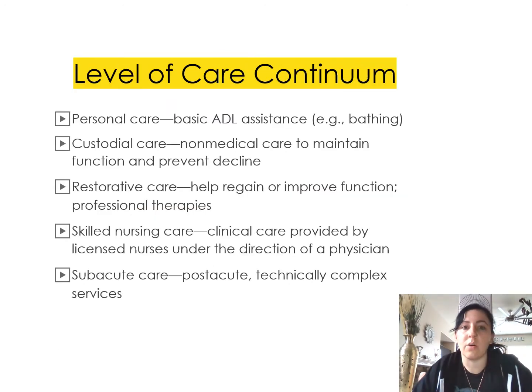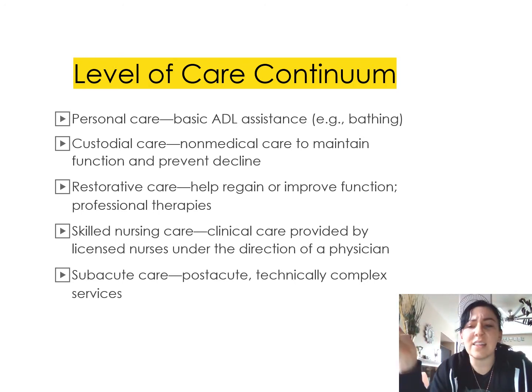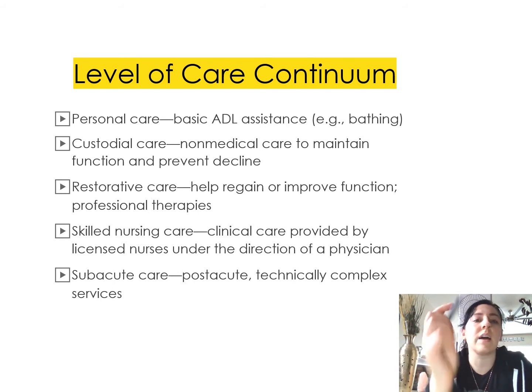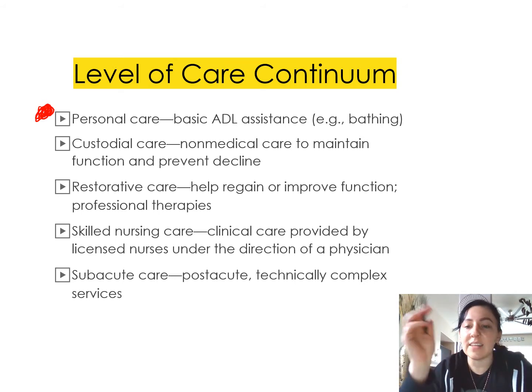All right. So here is the level of care continuum of long-term care services. Let's start from the very beginning. First, the most basic level of care will be the personal care level. Okay, so this is basic activities of daily living assistance.